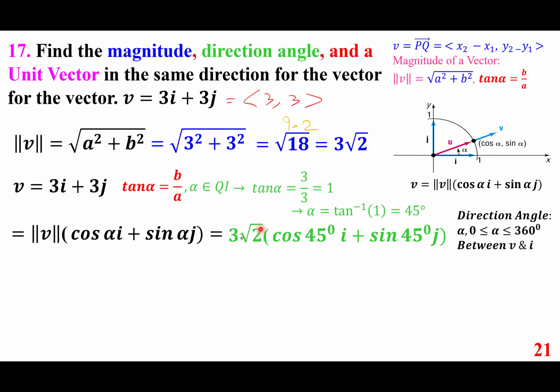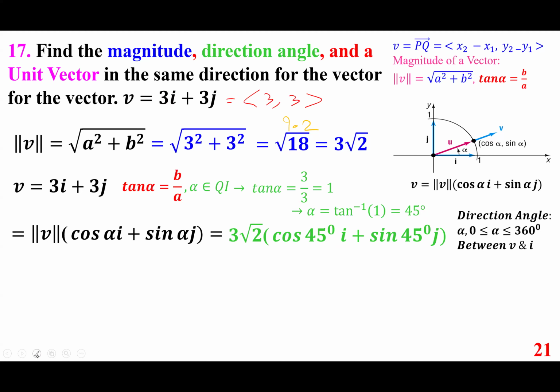So 3 square root of 2, cosine of what we just found, 45 degrees i, sine of 45 degrees j. And if you work it out, you will get 3i plus 3j.